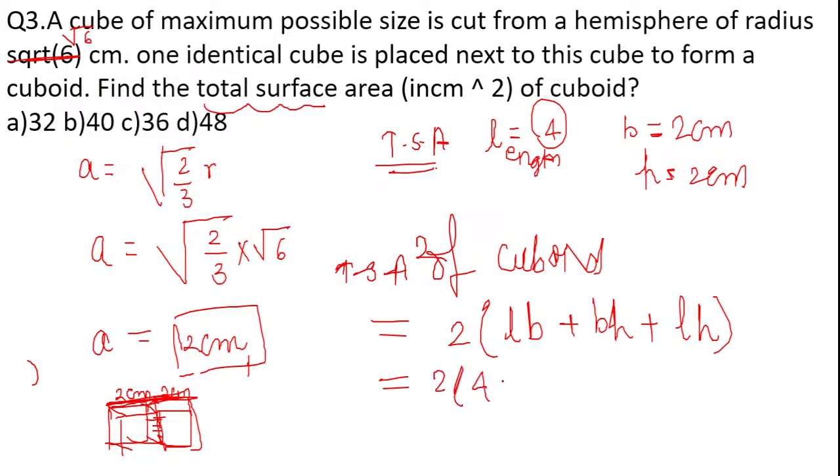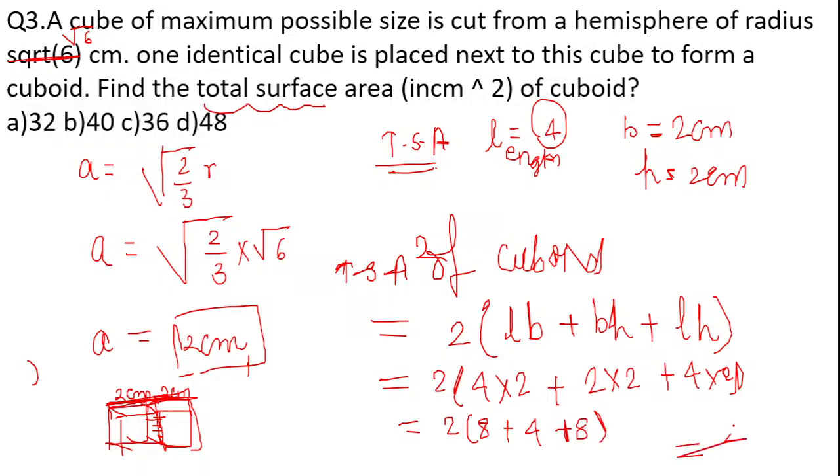Length is 4, breadth is 2, plus breadth is 2, height is 2, plus length is 4, height is 2. We'll get 2 into 8 plus 4 plus 8. This will give me 40. So the total surface area of the cuboid is 40 centimeters square. Got it? So the correct answer is option B.